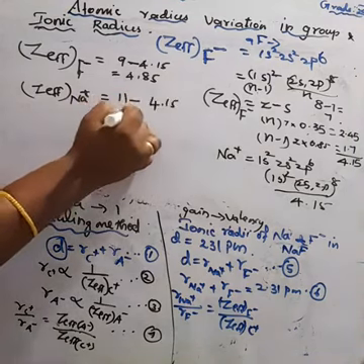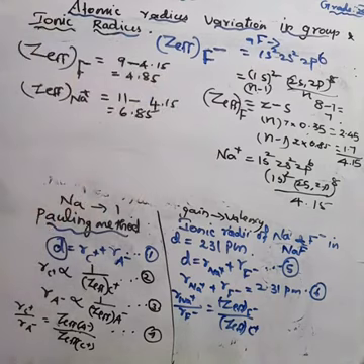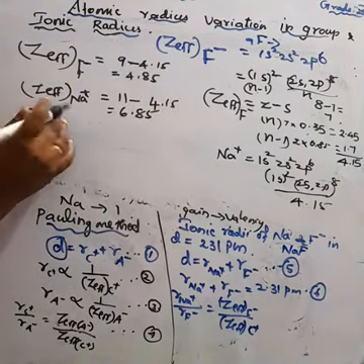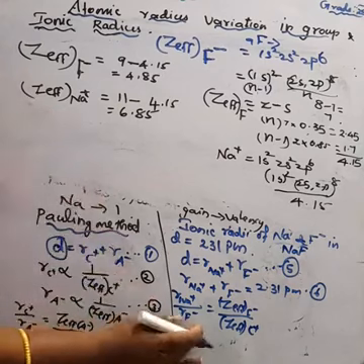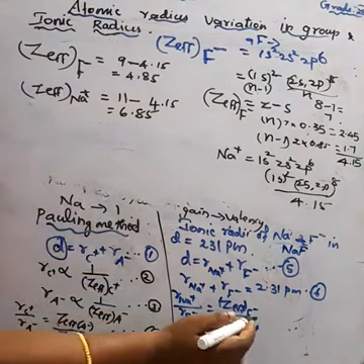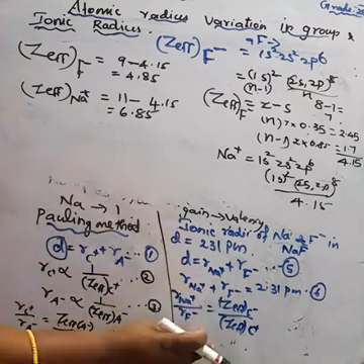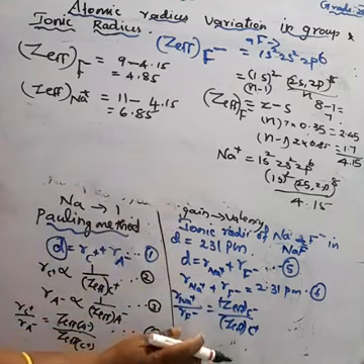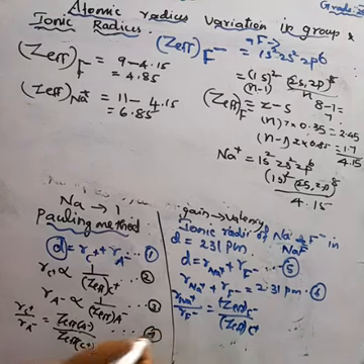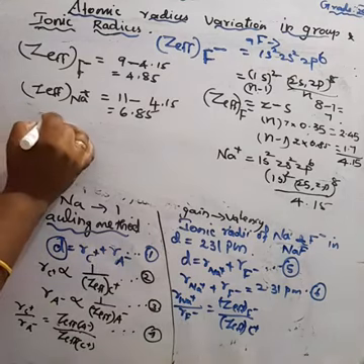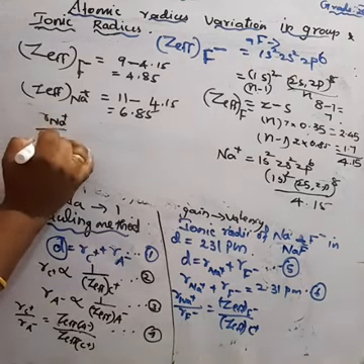Here, what is our equation? R Na+ by R F- is equal to Z_eff F- by Z_eff Na+. What is the value for Z_eff F-? 4.85. So R Na+ by R F- is equal to 4.85 by 6.85.